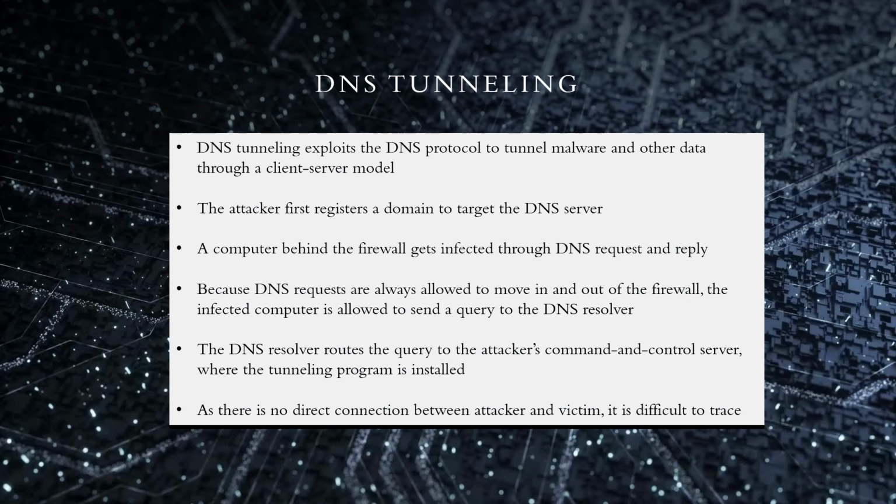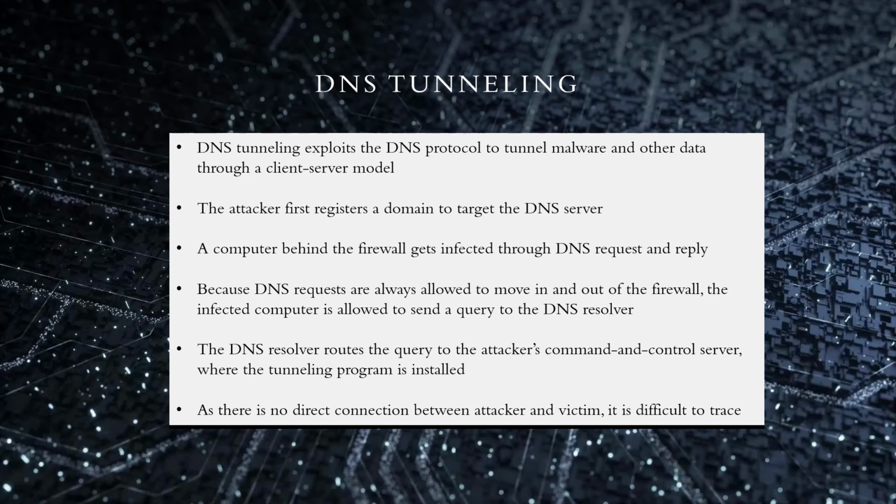DNS tunneling exploits the DNS protocol to tunnel malware and other data through a client-server model. The attacker first registers a domain to target the DNS server. The attacker infects a computer, which often lies behind a company's firewall, with malware.